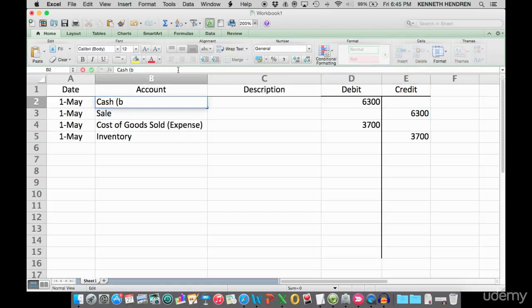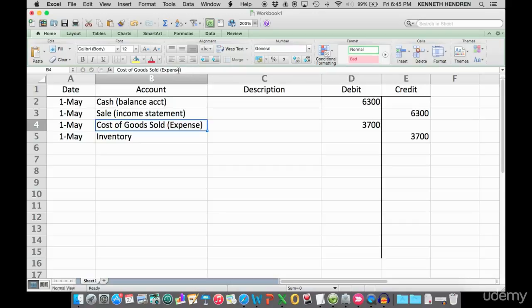I'll put balance sheet account right here so you'll see it. And this is income statement. And this is expense on the income statement. And this is balance sheet.